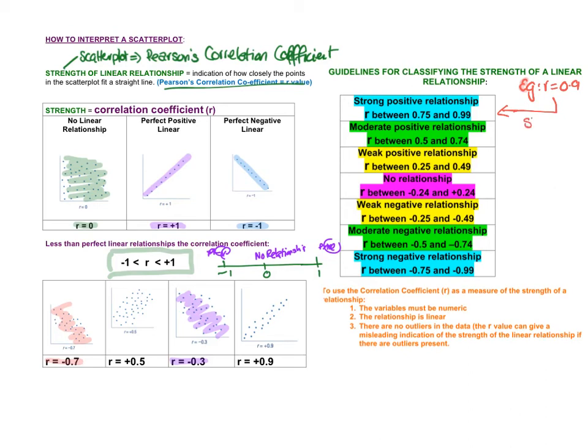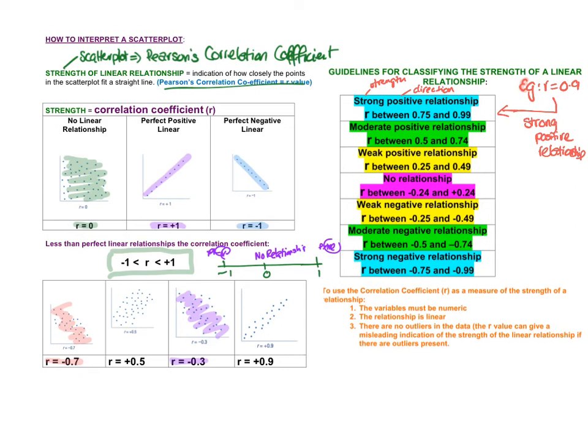So I would have said that that one was a strong, positive relationship. So this strong is the R, really, the strength. You're commenting on the strength. This positive is you telling the direction. And then the form, you'd have to say it's linear.